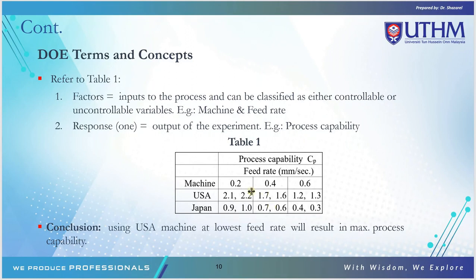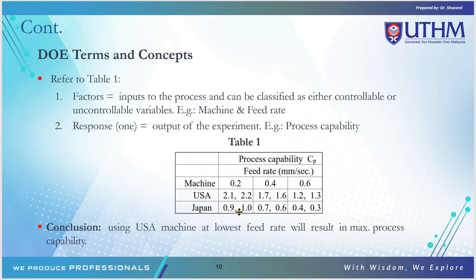From this output, or the observed data from the experiment, we can see the combination: here is the USA machine, and when the feed rate is set at 0.2 mm per second, this is the observed response. We call it the response, or the output from the experiments. For each combination here we have two responses.